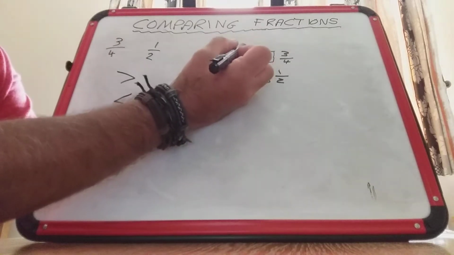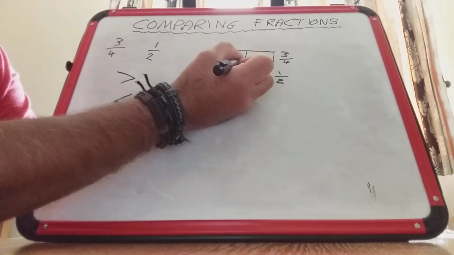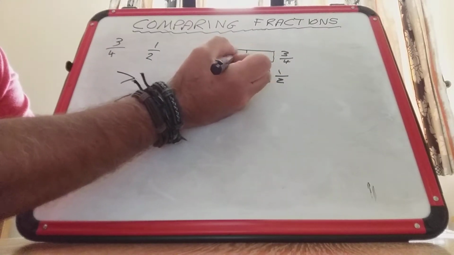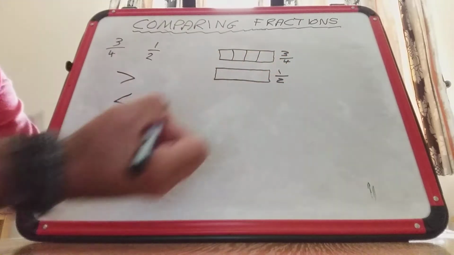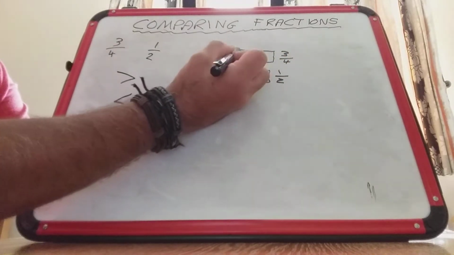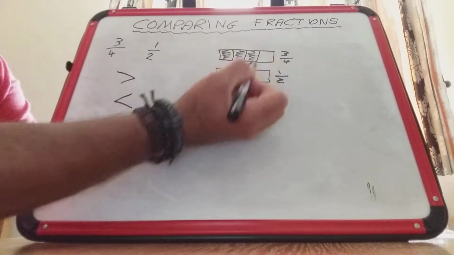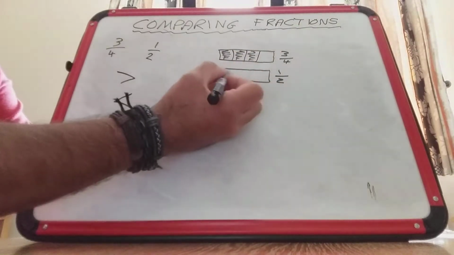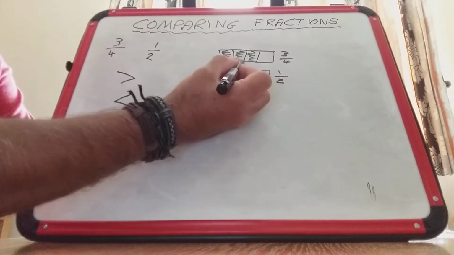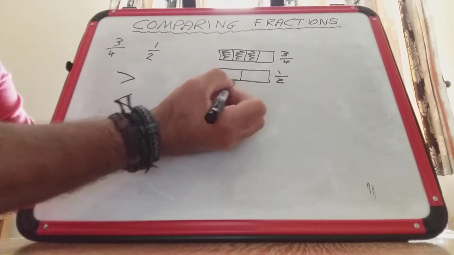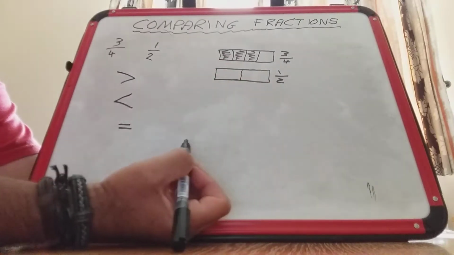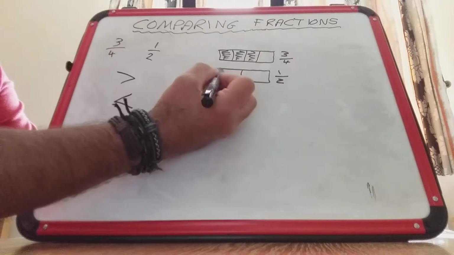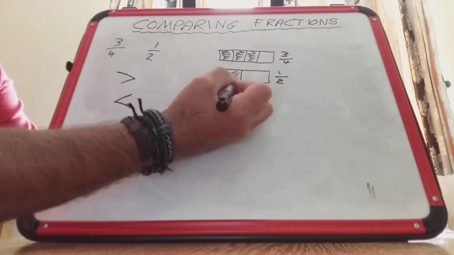Now, to show 3/4 on the bar model, obviously we need quarters, and we need to shade in 3 of them. There we go. For the half, we need to show halves. So we've got 1/2 there and 1/2 there, and we shade in one of those halves.